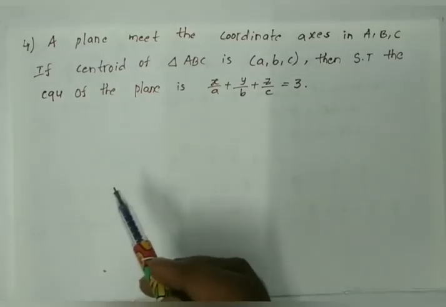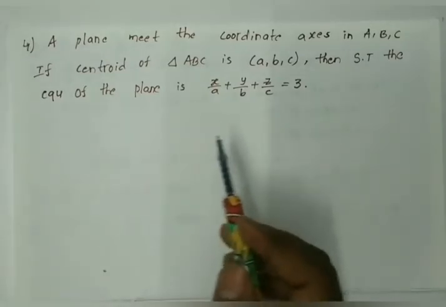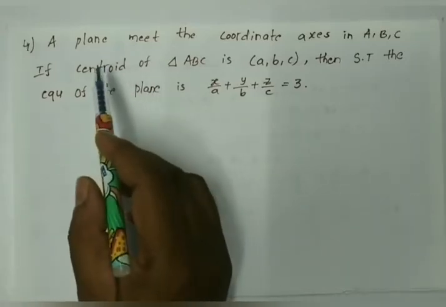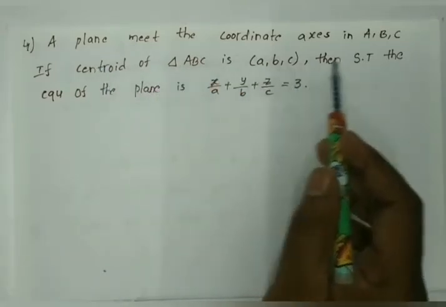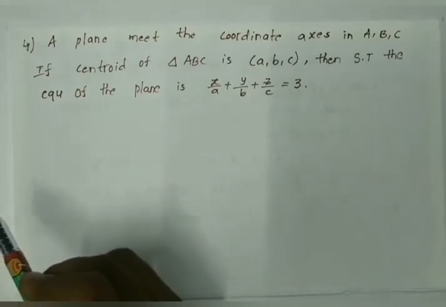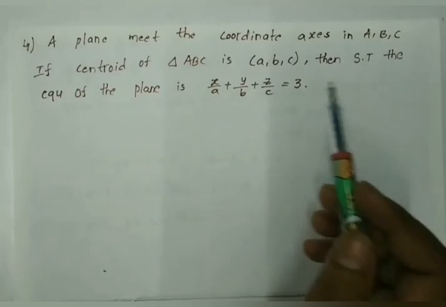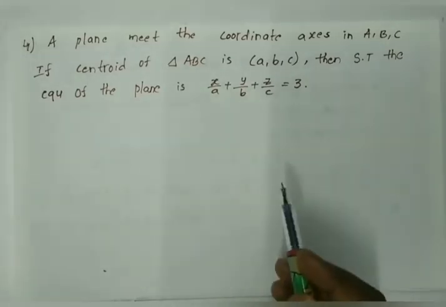If you observe, students, in this problem, first, a plane meets the coordinate axes in A, B, C, and also the centroid of ABC is (a, b, c).